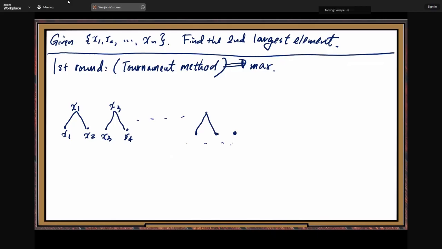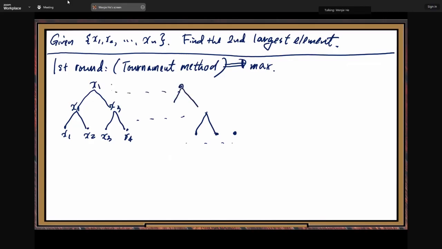How to describe precisely? Everyone knows how to run this tournament method, right? But the problem is, it's hard to describe precisely the detailed information. That part is hard. So we do not need to do all the details.